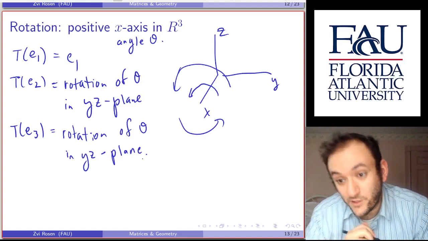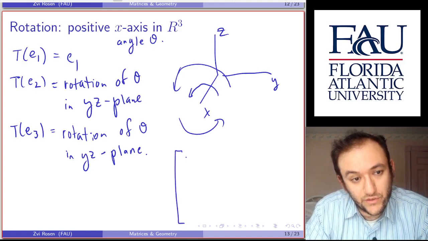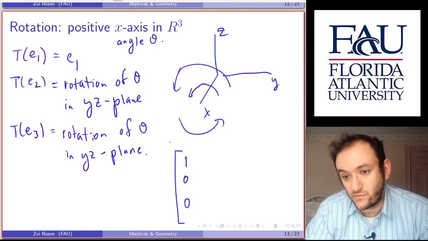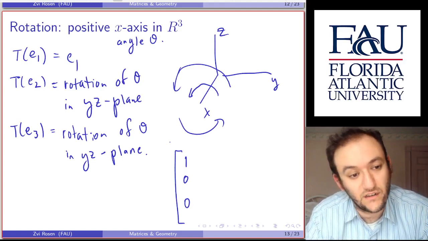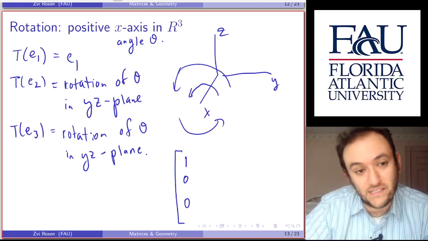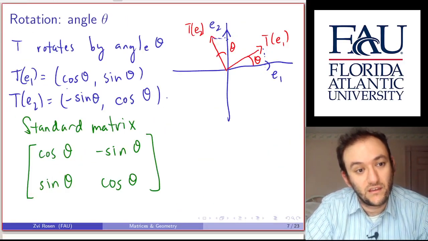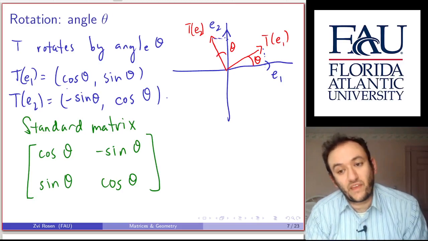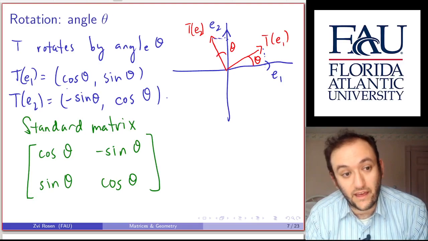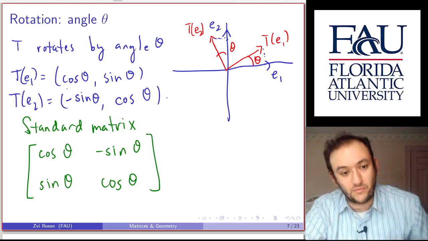So for E1, we just put a 1, 0, 0. That's the image of this rotation on the first basis vector. But for the other basis vectors, because we're looking at rotations in the YZ plane, we can scroll up until we find rotations in the YZ plane right here. And we can just use this standard matrix and plug it in, because everything was working in the YZ plane.